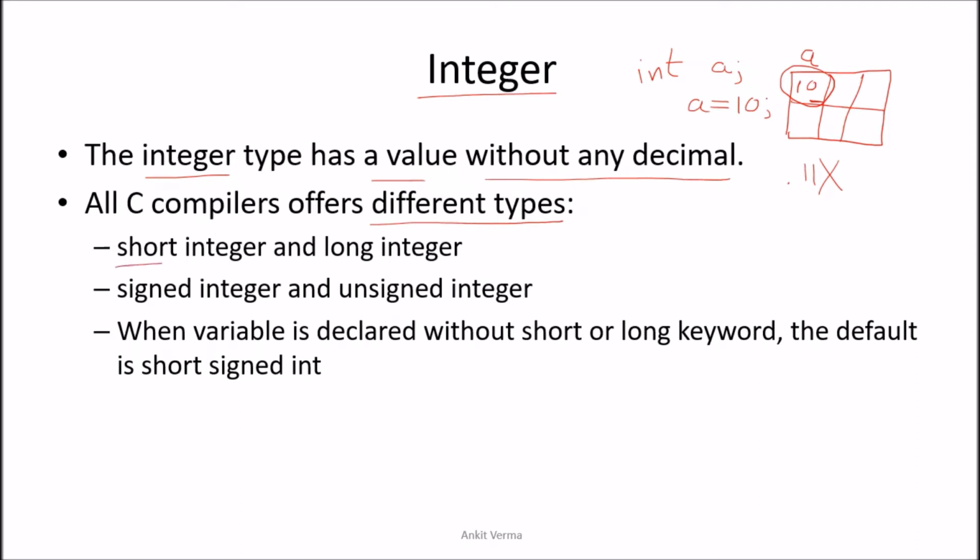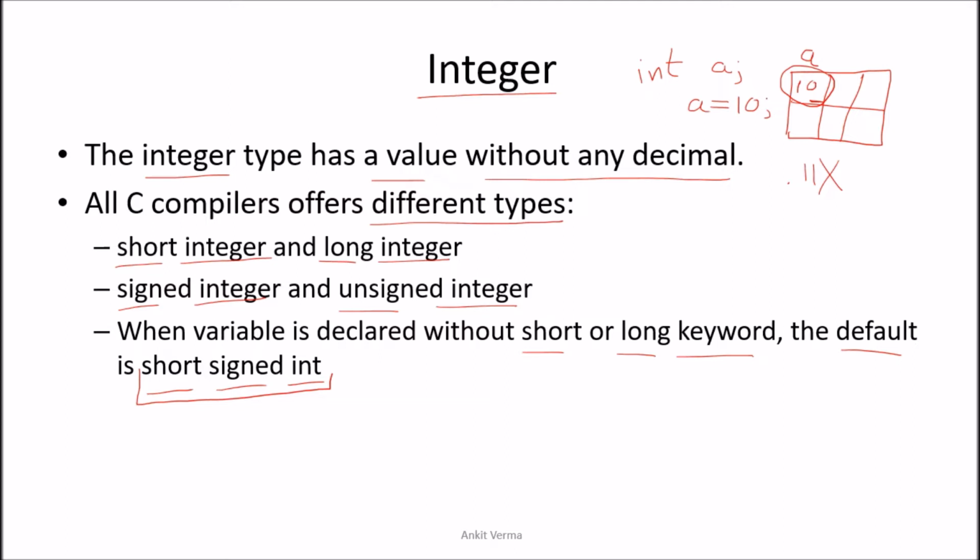There are short integer, long integer, signed integer, unsigned integer. When a variable is declared without the short or long keyword, by default it is short signed int. So you must know that this is very important. Short signed int is the default choice.